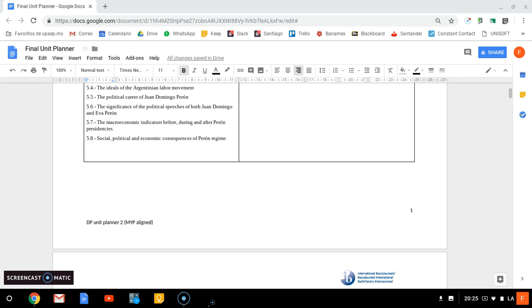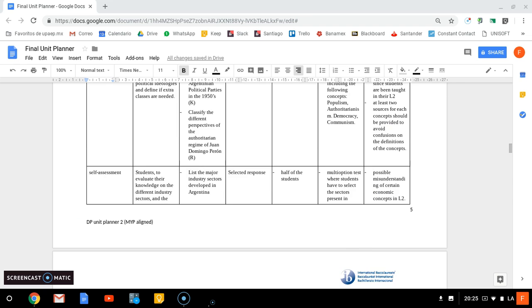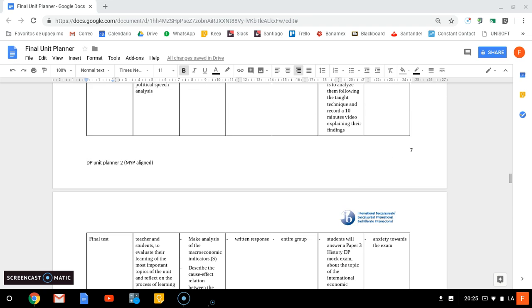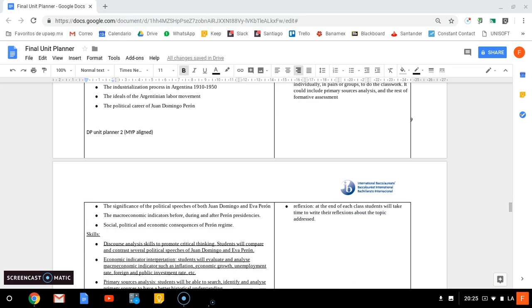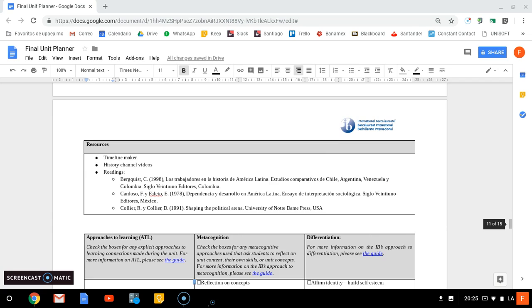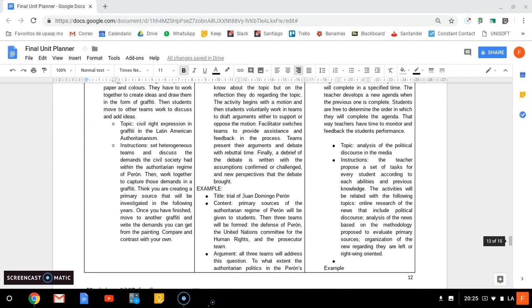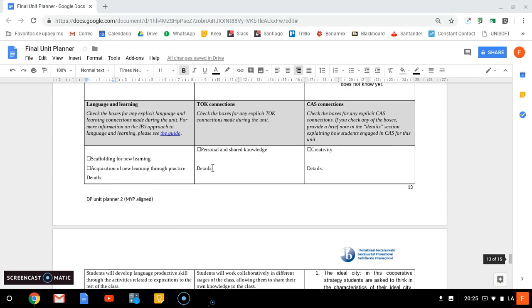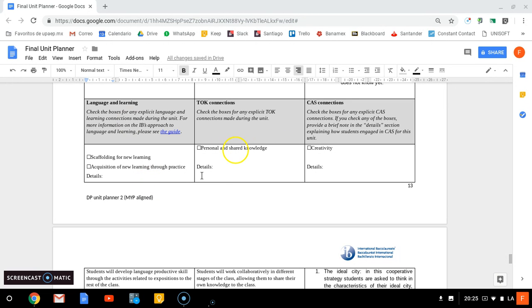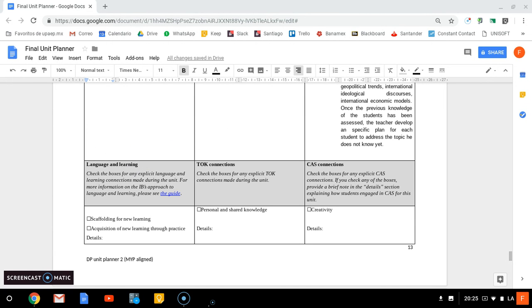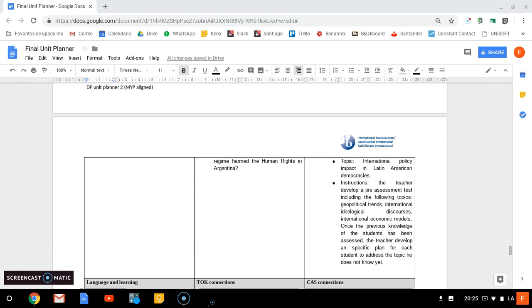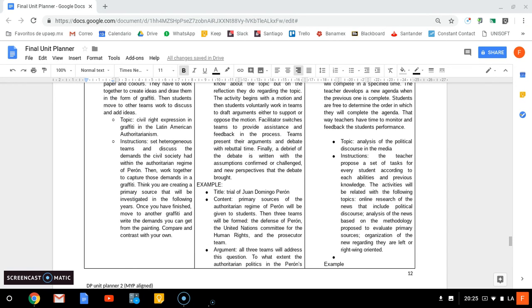So in the template, you will find very important elements, of course. Right here, you can find, for example, the link or the relation between the core elements of the DP, for example, theory of knowledge and creativity, activity, and service, something related to language and learning, because this is a bilingual school, so students are Spanish native speakers and the classes are taught in English, so it's really important also to consider the language development in our classes.